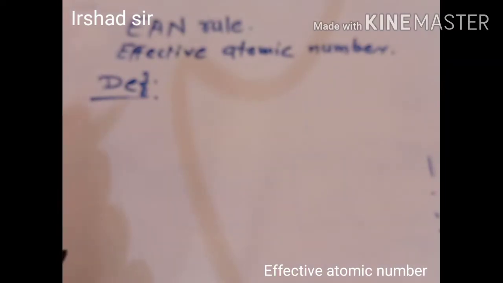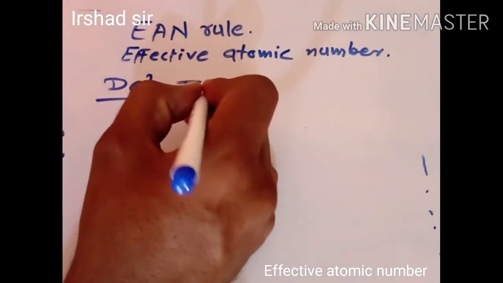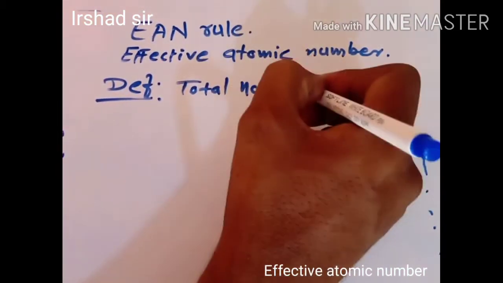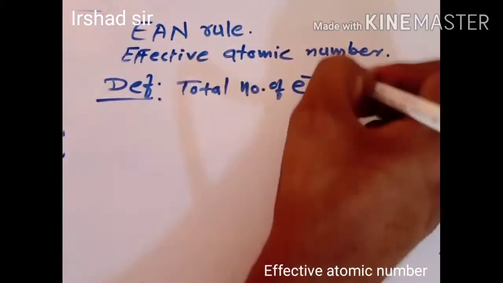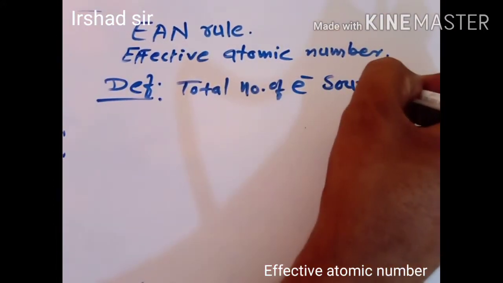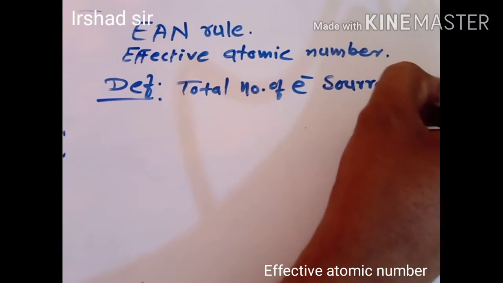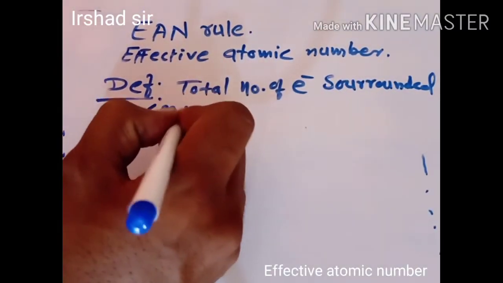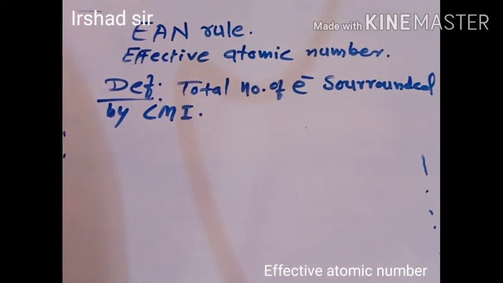Effective atomic number is nothing but the total number of electrons surrounded by the central metal ion. That is EAN, the total number of electrons surrounded by the central metal ion.